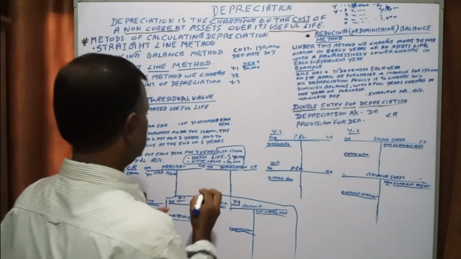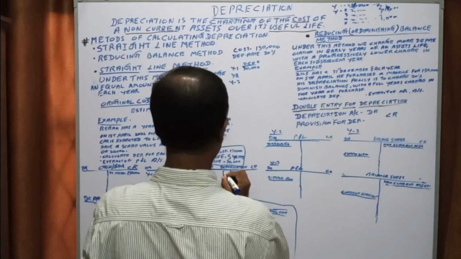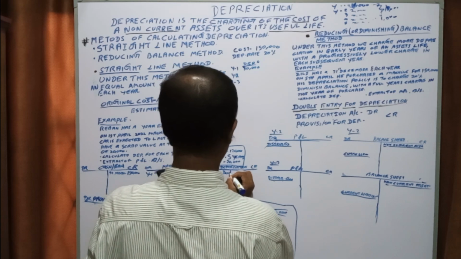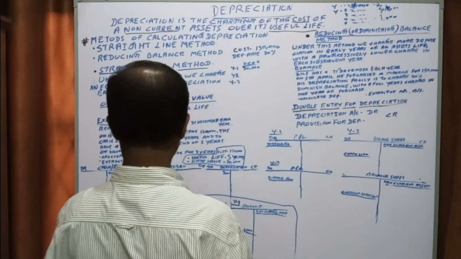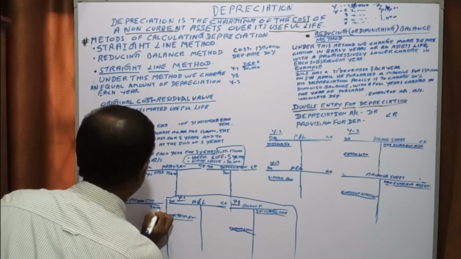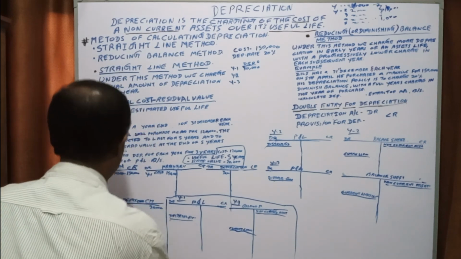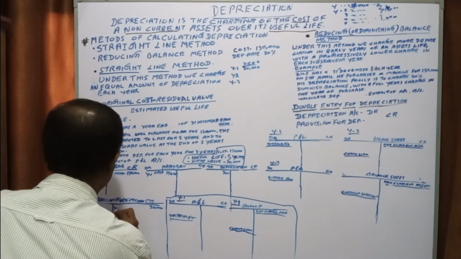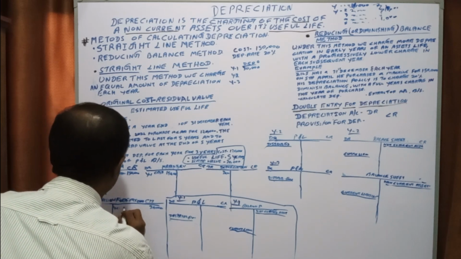Depreciation is 30,000. Depreciation account debit. Provision for depreciation account credit. 30,000. Here you will say year 1 depreciation.